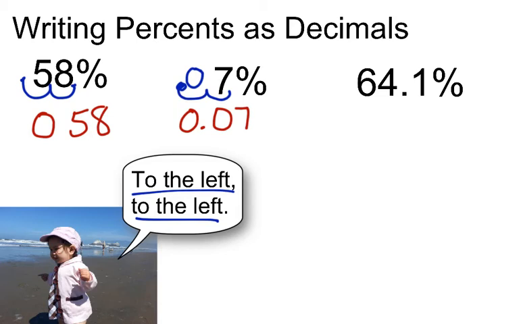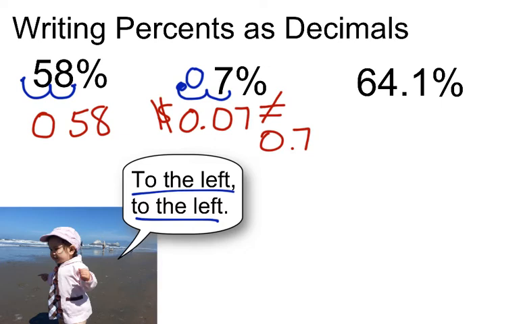A common mistake is students will tell me 7/10 is 7%. Remember, these are not equal. Again, think of decimals as money. 7% is 7 cents. 7 hundredths is the same as 7 cents.